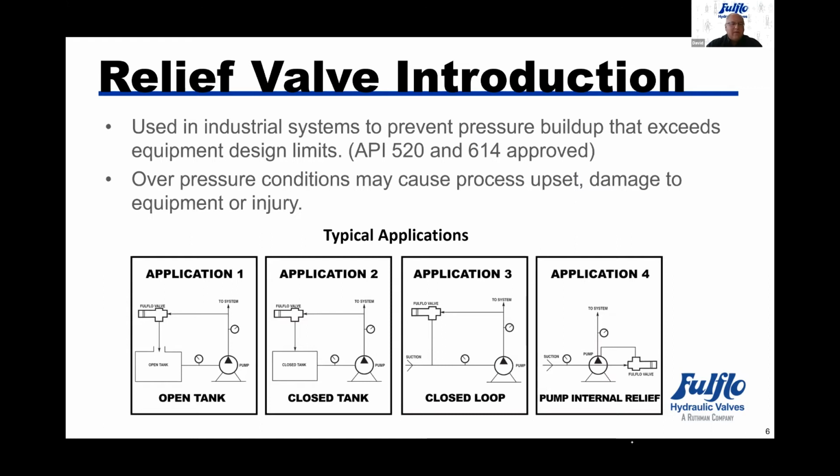Here are typical applications, but they're not limited to these. The typical ones that we see: application number 1, where the relief valve is pumping into an open tank where there is no back pressure on the relief valve. Application 2, the valve is flowing into a closed tank, that tank is pressurized, which would affect the valve set pressure.